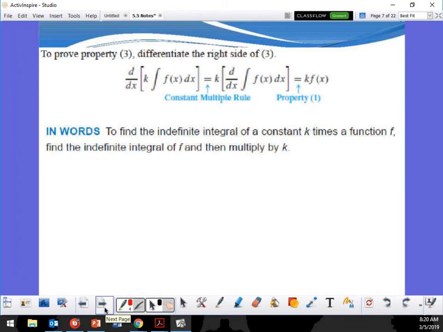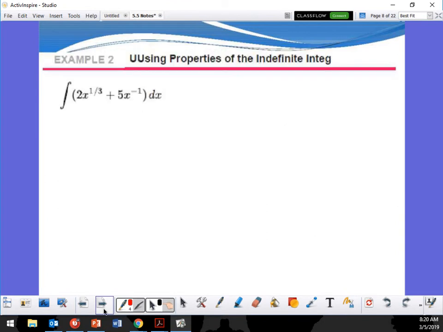Alright, so right here, if there is a factor, I could factor it out. Constant multiple rule, so I could take that out and put it in front of my integral. For this right here, I'm going to break it up into two separate integrals.